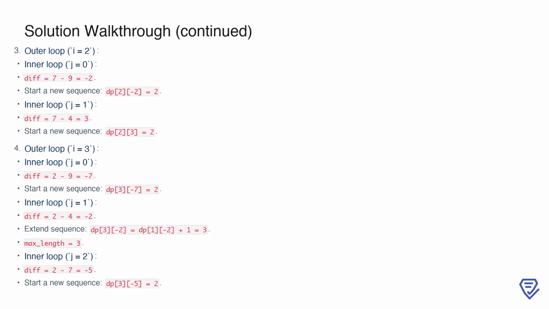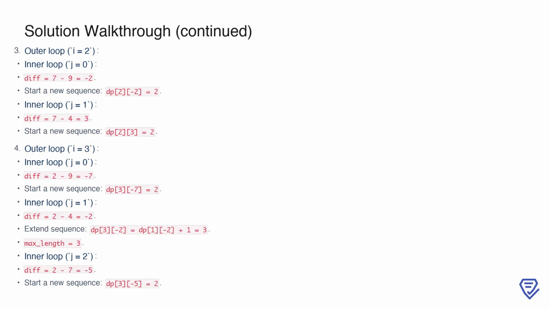Now, for i equals 3, we calculate differences again. With j equals 0, the difference is -7. As it's not in dp[0], we start a new sequence, dp[3][-7] equals 2. With j equals 1, the difference is -2, which already exists in dp[1].